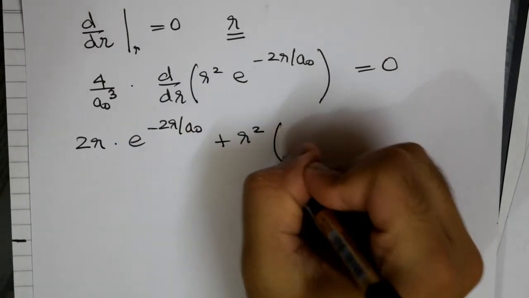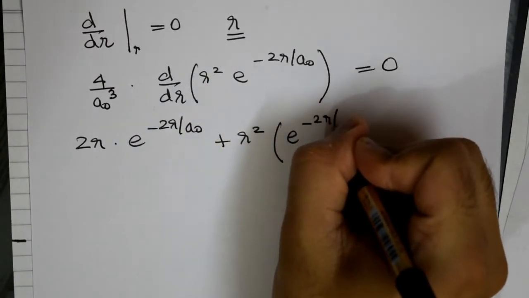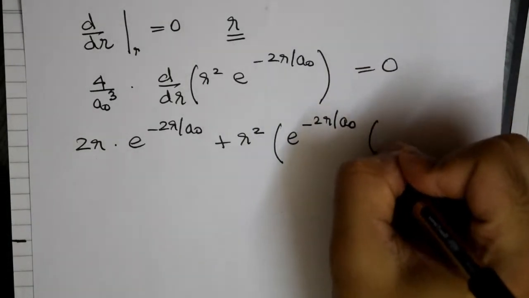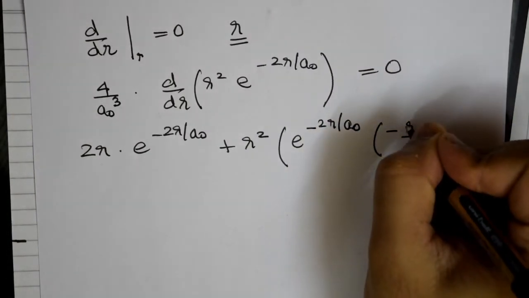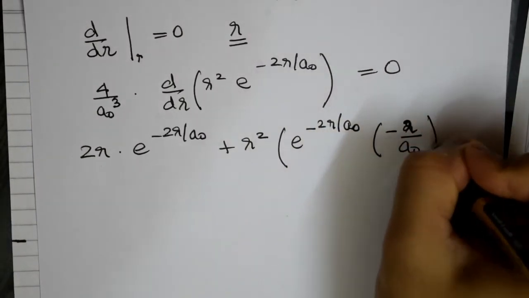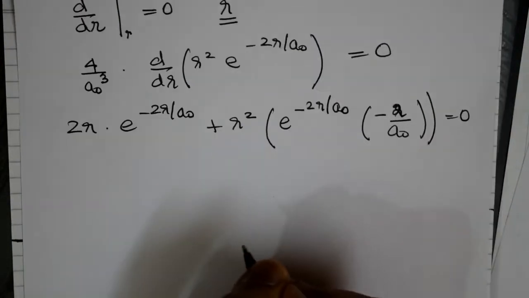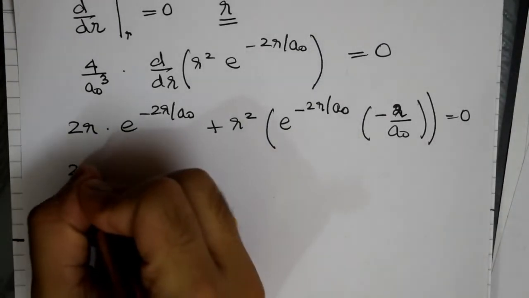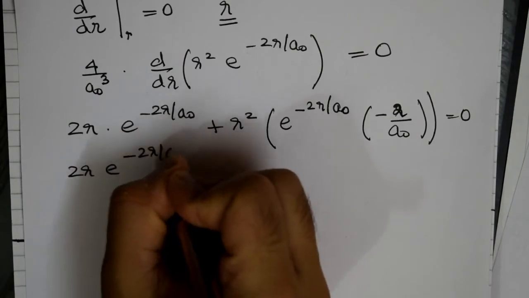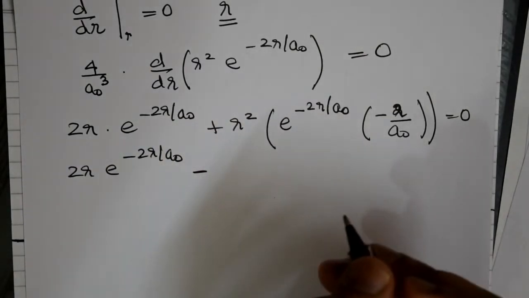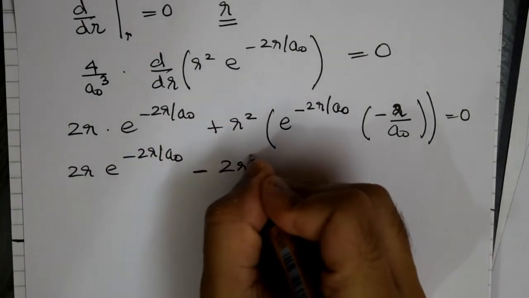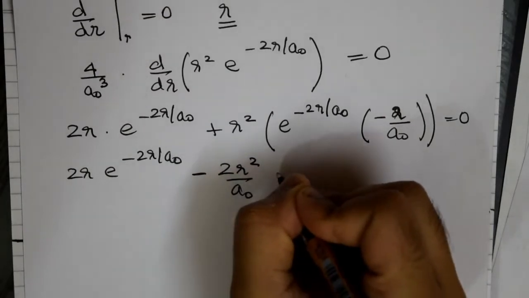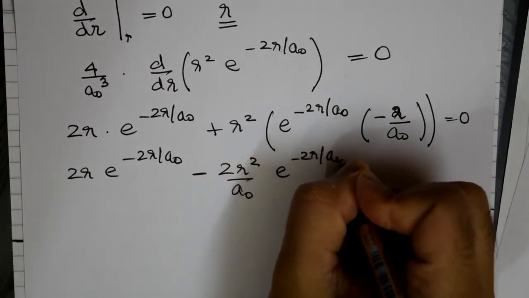When you differentiate exponential functions, you get them back and then they get differentiated again, is equal to 0. So what will this end up becoming? 2r e power minus 2r by a naught minus 2r square by a naught e power minus 2r by a naught is equal to 0.